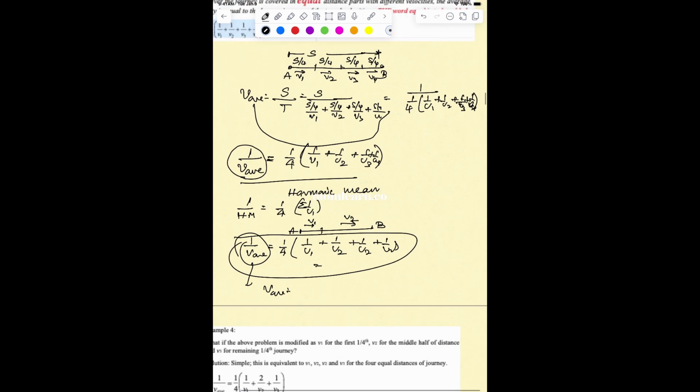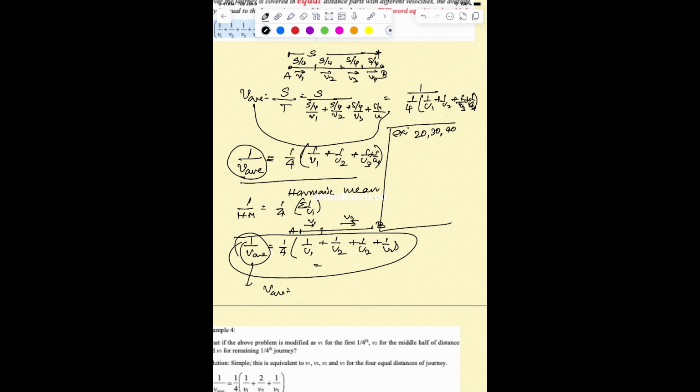Now suppose I ask you a question. Let's take an example with equal distances, 3 parts: 20 meters per second, 30 meters per second, 40 meters per second, the 3 different velocities with which a particle is traveling the first 1/3, the middle 1/3 and the last 1/3 distance of the journey.